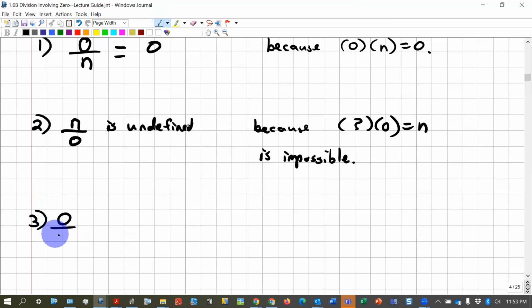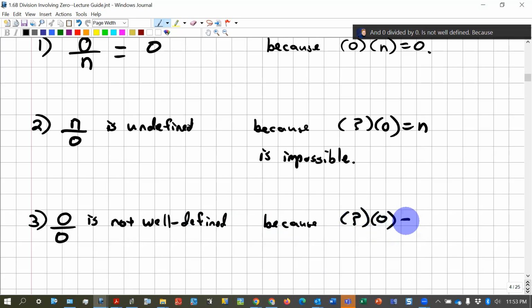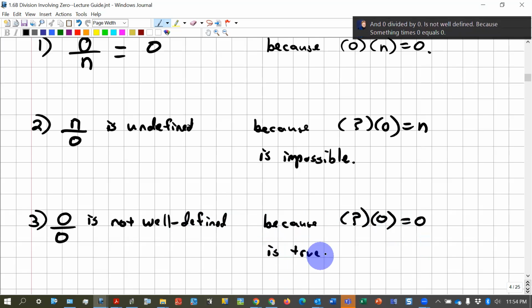And 0 divided by 0 is not well defined, because something times 0 equals 0 is true for any number.